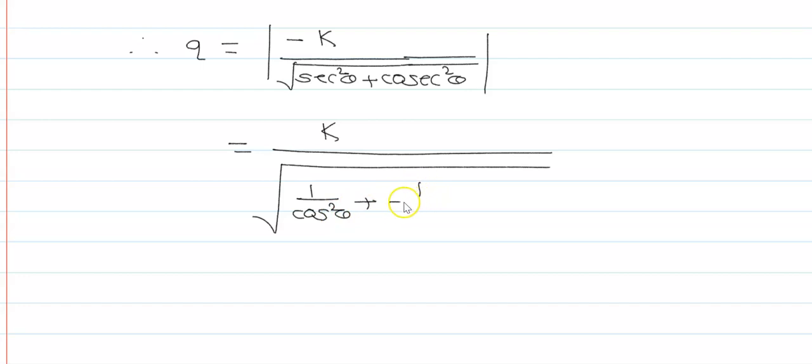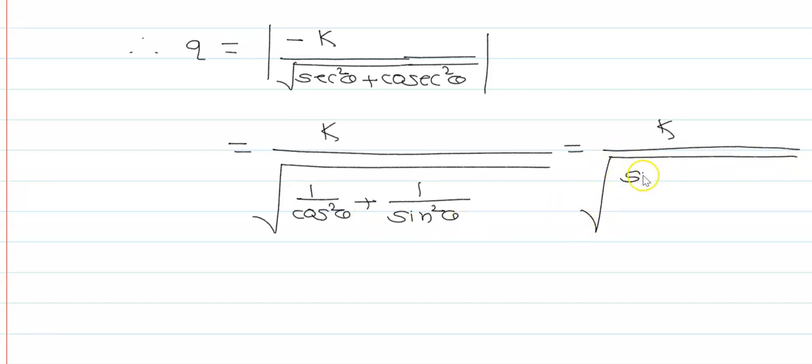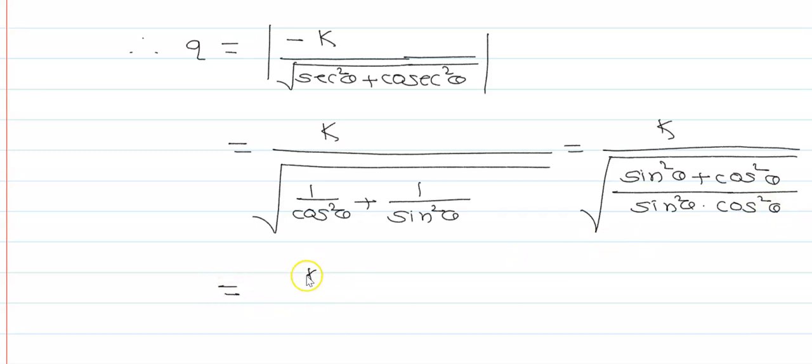Cosec square means what? 1 upon sin square theta. And after simplification you will get here k upon the square root of sin square theta plus cos square theta upon sin square theta into cos square theta.